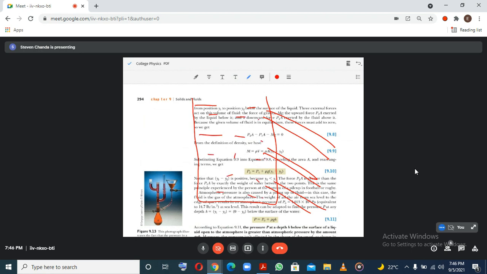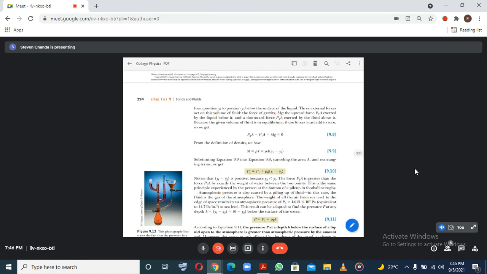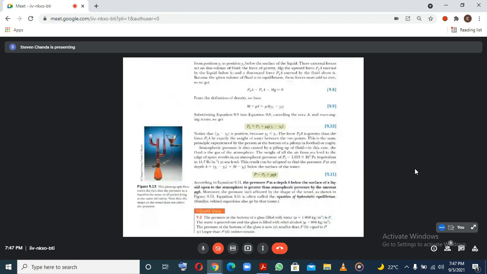What was observed was that the lowest opening had the highest pressure, followed by this one, and this one having the least pressure. That's why those water tank pipes are put just near the bottom of the tank. The idea is that as the depth increases, the pressure increases, right?